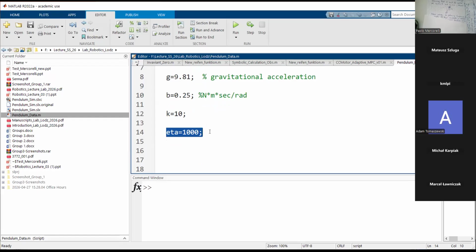Again, this K and eta, I worked also in optimization. It could be nice if you want to work with me in the thesis, to attack, for a relatively easy system, the optimization of these two parameters.